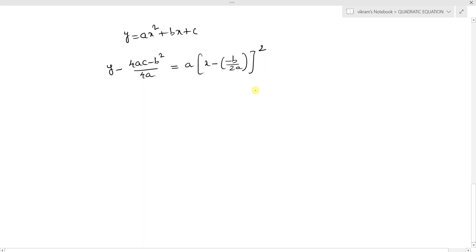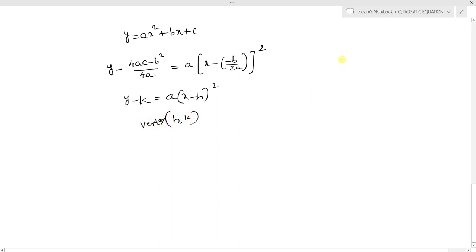This is in the form y minus k equals a times (x minus h) whole square, so (h, k) is the vertex of the parabola.